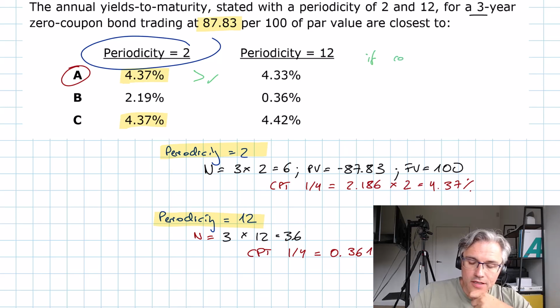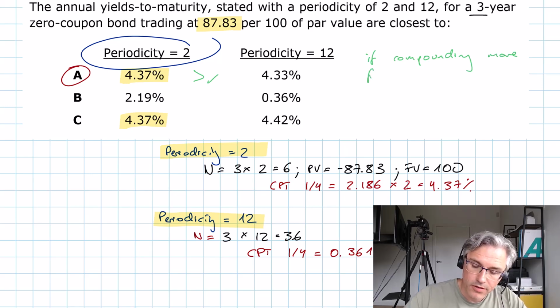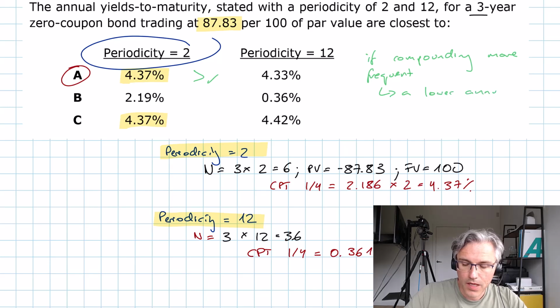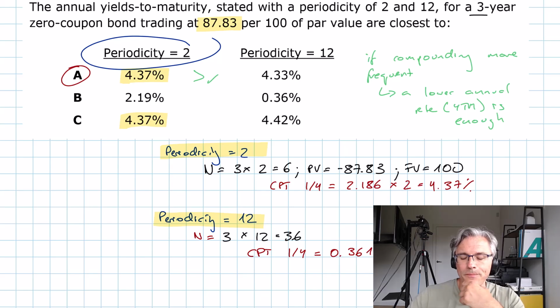Compounding and periodicity is the assumption about how frequently you compound interest. So if compounding is more frequent, then a lower annual rate or a lower annual yield to maturity is enough to produce the same overall result as a YTM computed under a less frequent compounding assumption.